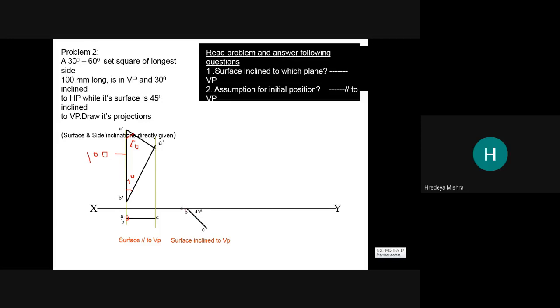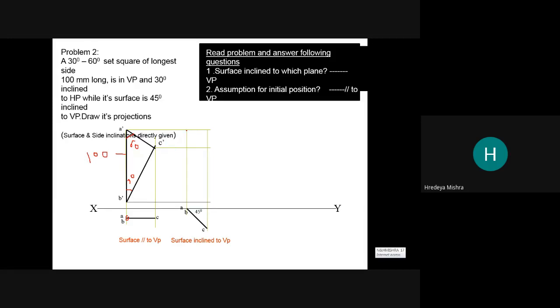You just mark A, B, and C. Now you draw the projection from A and C, and draw the projection from here to A dash, C dash, and B dash. So you get the dimension now here.